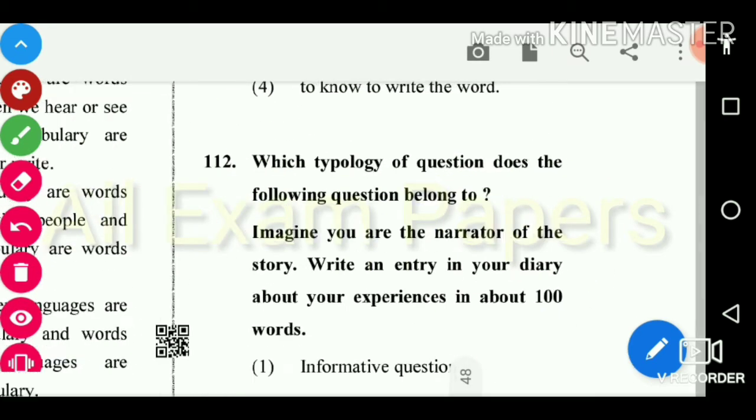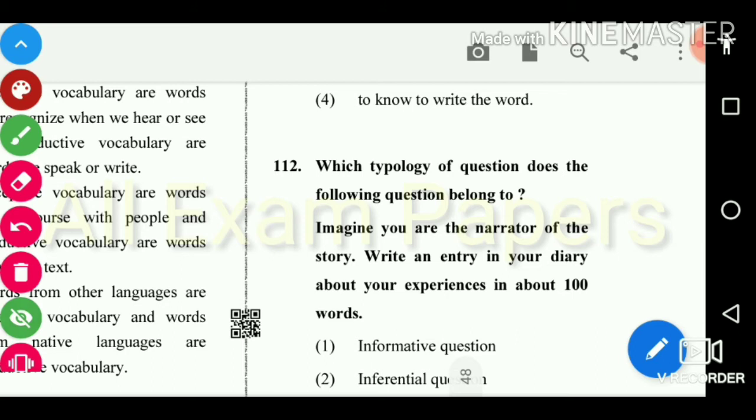Next question, which typology of question does the following question belong to? Imagine you are the narrator of the story. Write an entry in your diary about your experience in about 100 words.